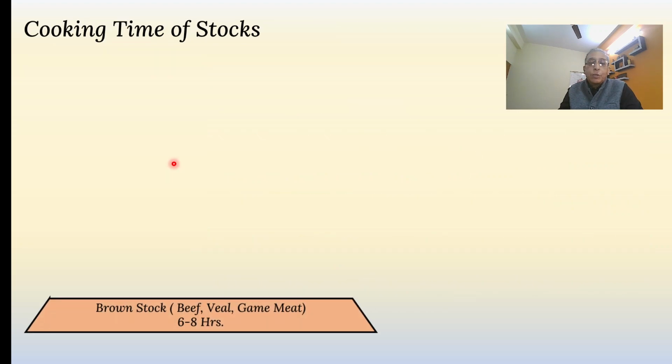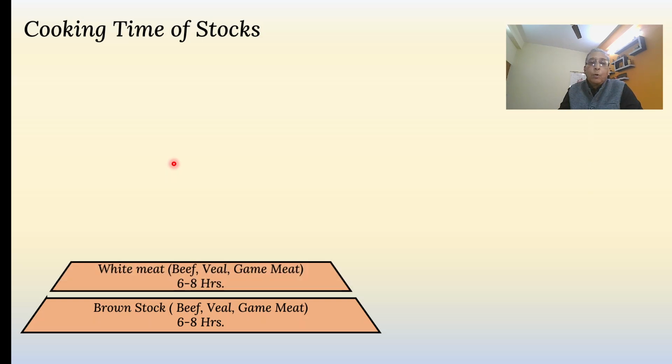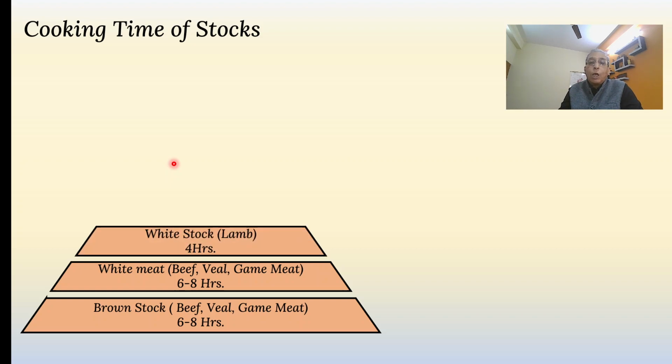Cooking time of the stocks. Brown stock made out of beef, veal, game meat, 6 to 8 hours. White stock made out of beef, veal, game meat, that is 6 to 8 hours. White stock made with only lamb, 4 hours.